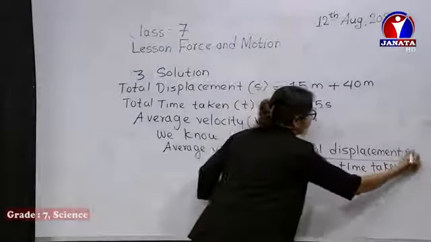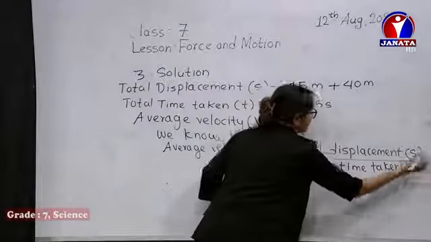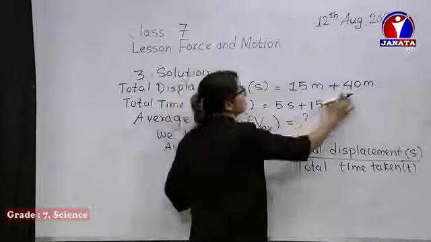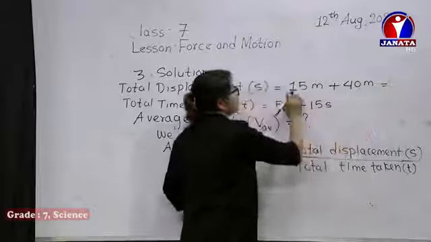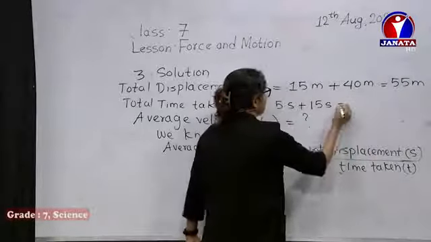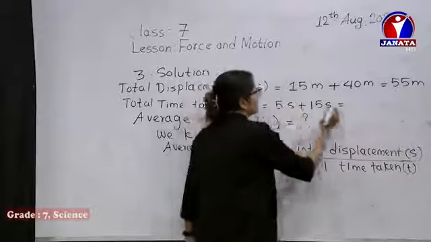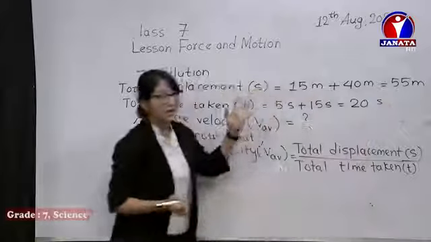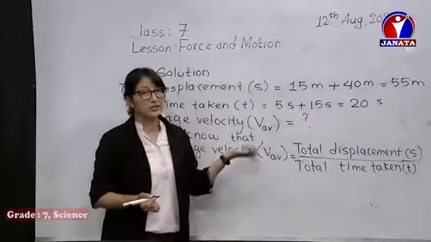We denote it simply by S and T as we did before. Here 15 plus 40, how much is it? It's all together 55 meter. And here it's 15 plus 5, it's 20 seconds.